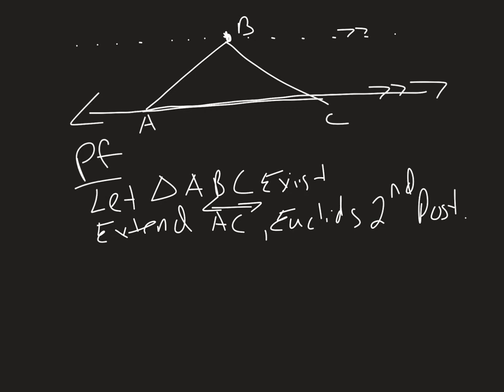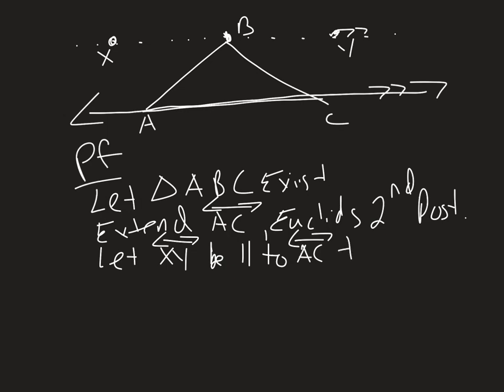And then we made a parallel line. So let's call it line XY. So let XY be parallel to AC through B. And again, we can say that because of Euclid's fifth postulate.